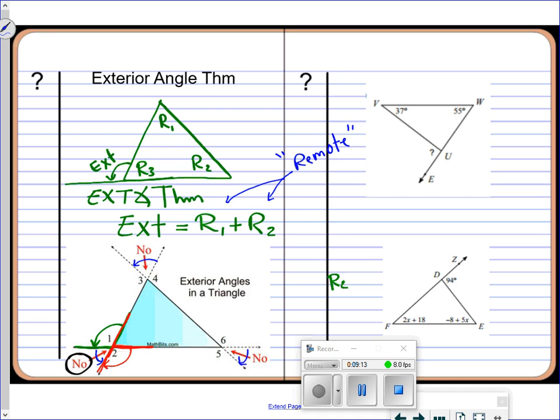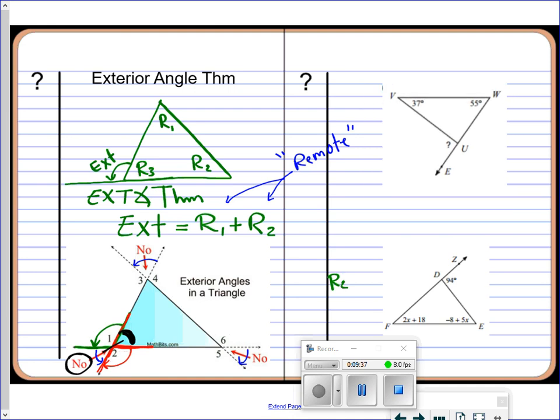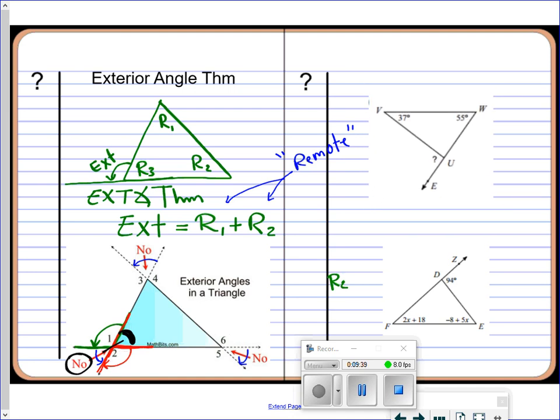It is definitely outside the triangle, but it's not the one of interest. Matter of fact, that angle has a relationship with an inside angle already. This one, right? Each of those angles I just showed you that were not exterior are vertical to something on the inside. It's not related to any of the remotes. Okay, so you'll need to know that the drawings can be turned and twisted, and you'll have to figure out which one is what. Okay?